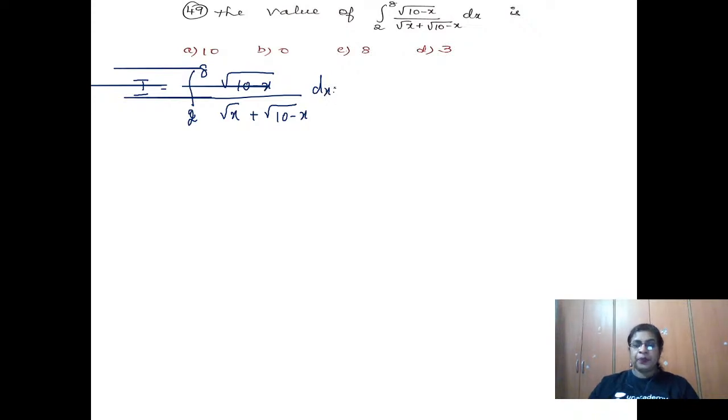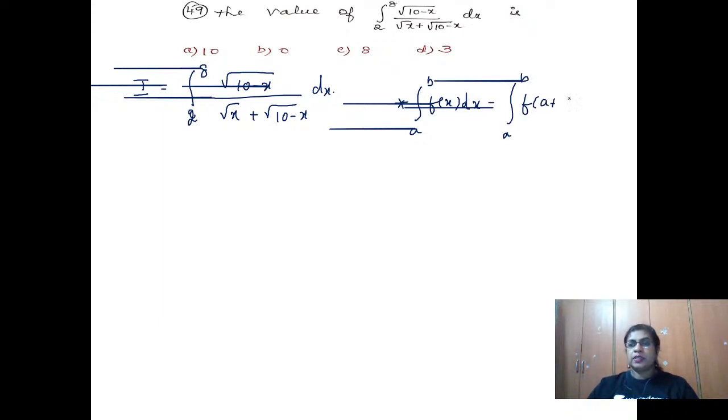This is I. Now I have one property of definite integral: integral a to b f of x dx is equal to integral a to b f of a plus b minus x dx. So in place of x I have to substitute a plus b minus x. What is a plus b? A plus b is 2 plus 8, which is equal to 10. So a plus b minus x is nothing but 10 minus x.